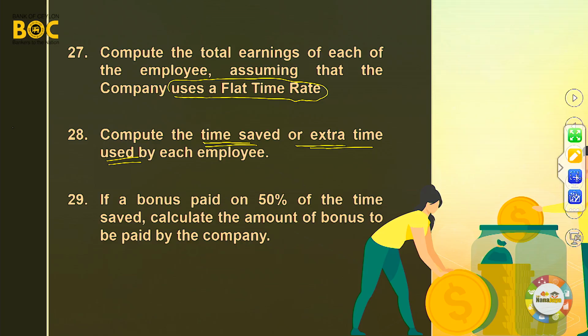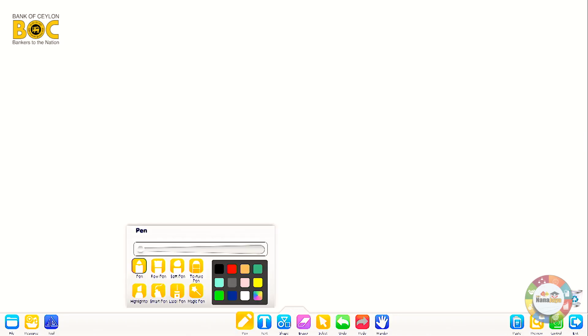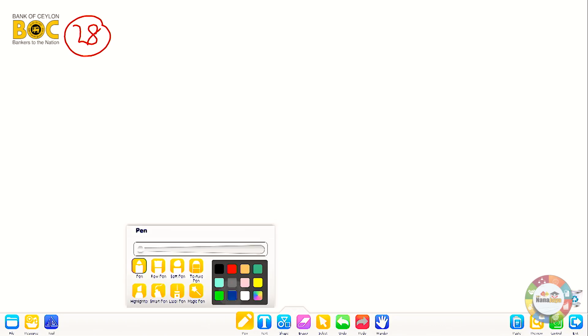The time saved equals time allowed minus time taken.